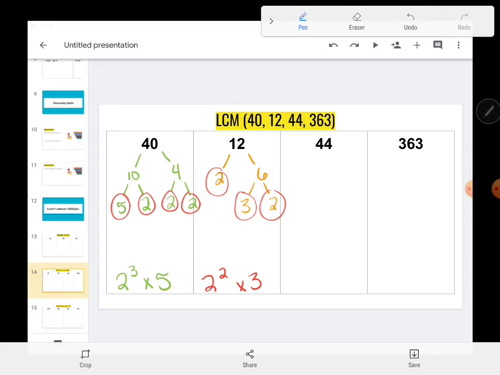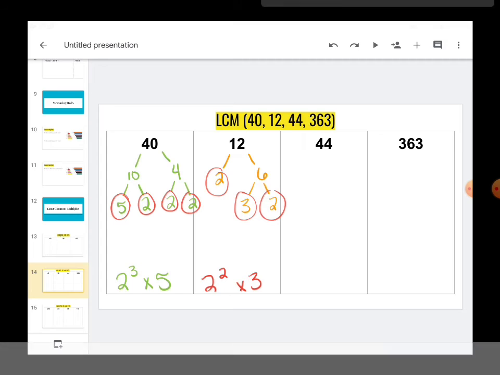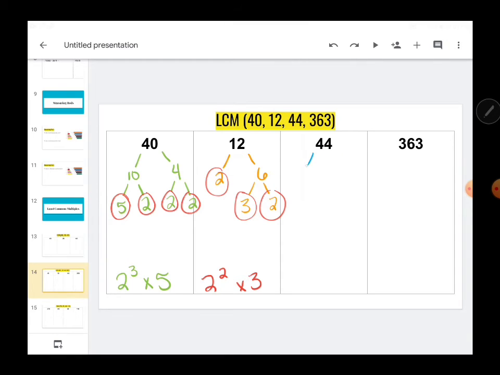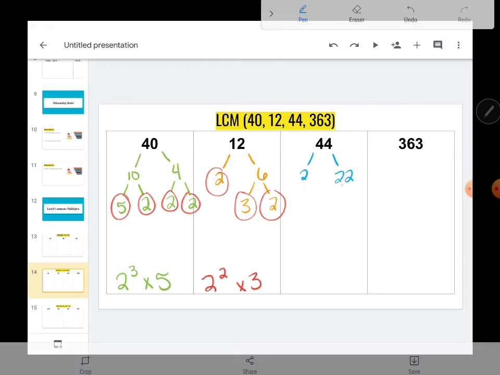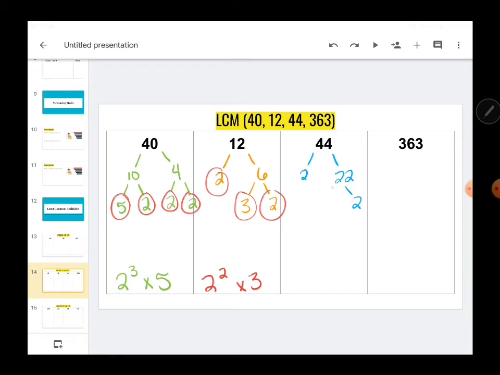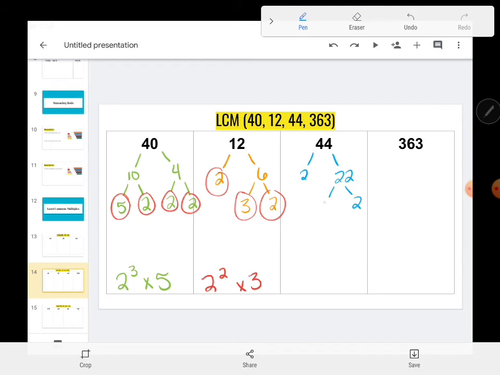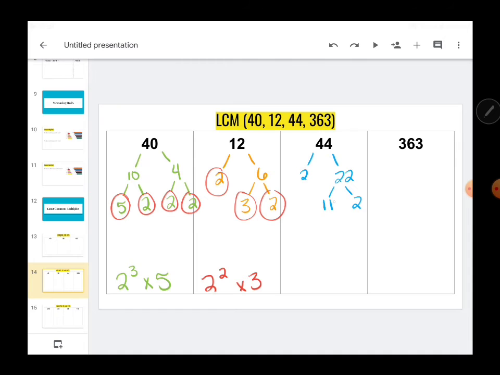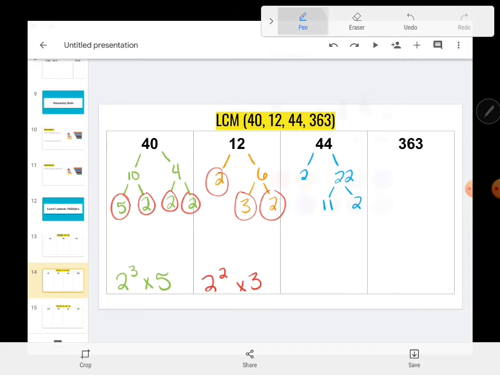For our next one, we're going to go over 44. Well, we know that 44 is divisible by 2 since it's an even number. So what we can do is go ahead and put 2. 44 divided by 2 is going to be 22. 22 is also an even number, so that's divisible by 2. And 11 times 2 is going to be 22.